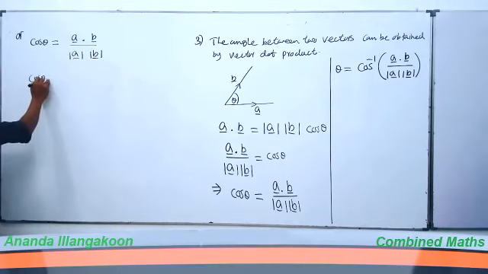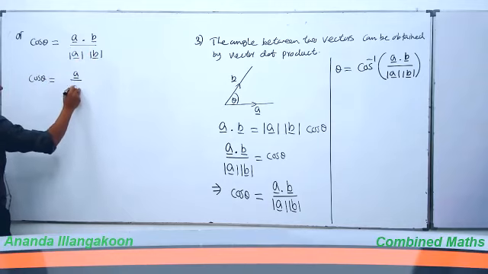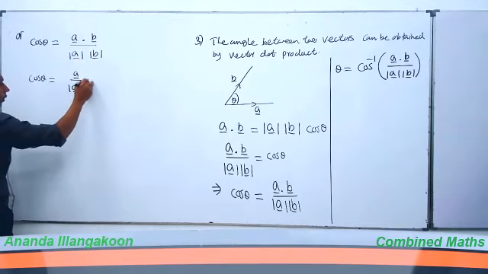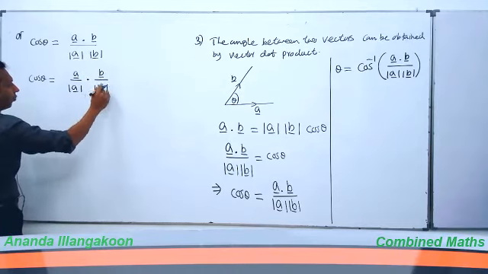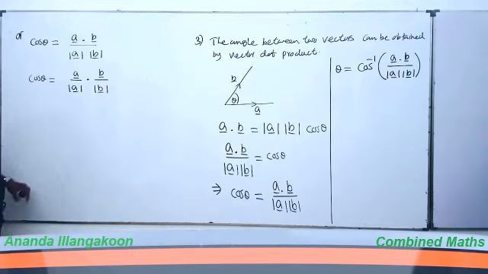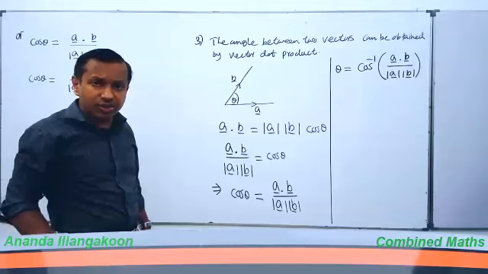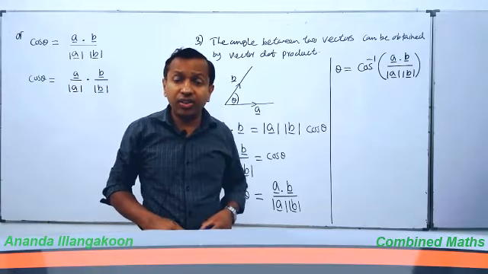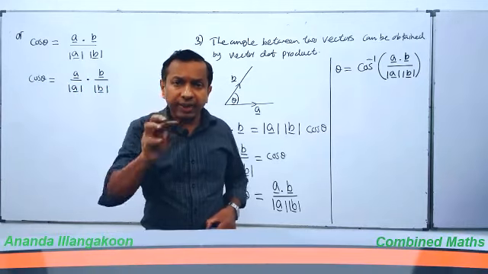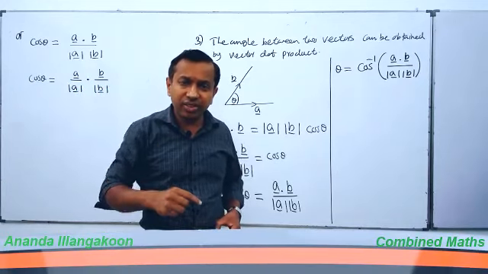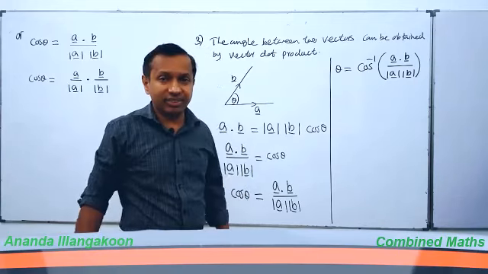This one I can write further like this. A vector divided by mod A, dot B vector divided by mod B. This way we can write. People, a vector divided by its modulus, what is the result? When we divide a vector by its modulus, what do you get? We get the unit vector in the direction of the vector.